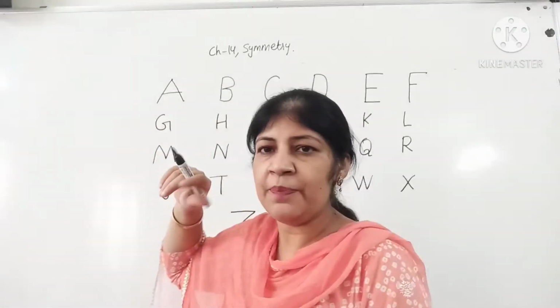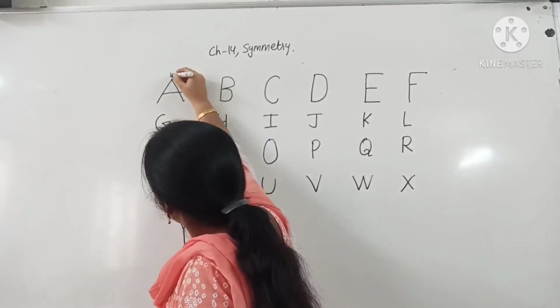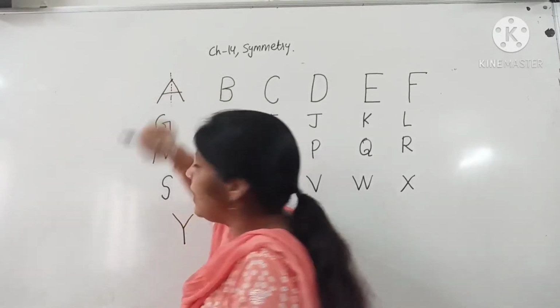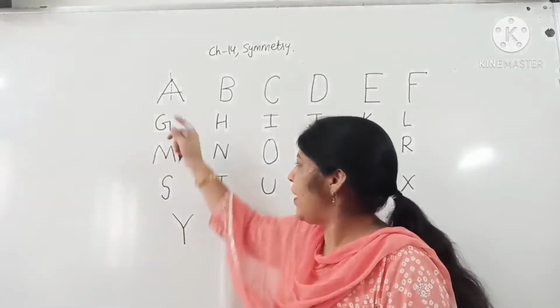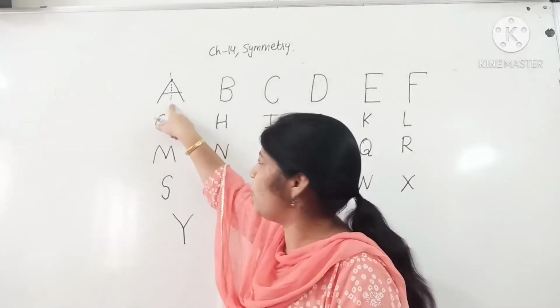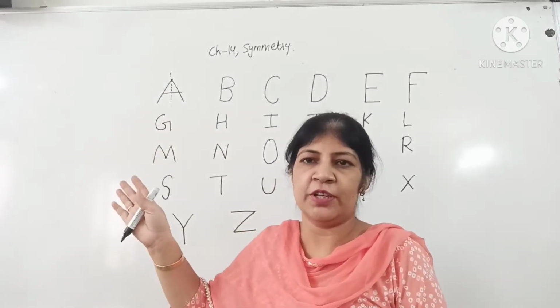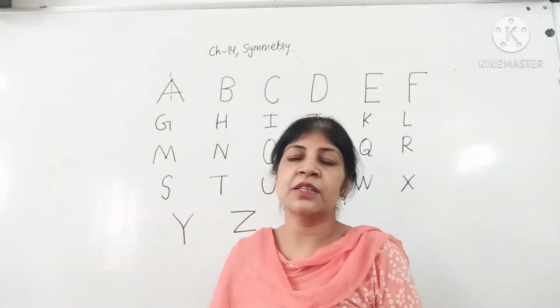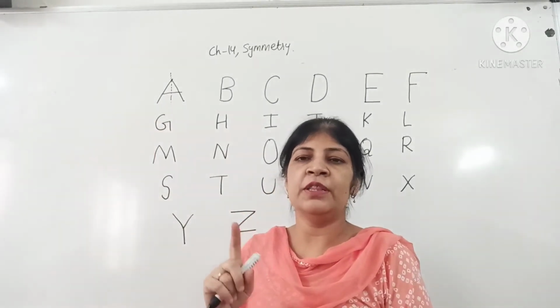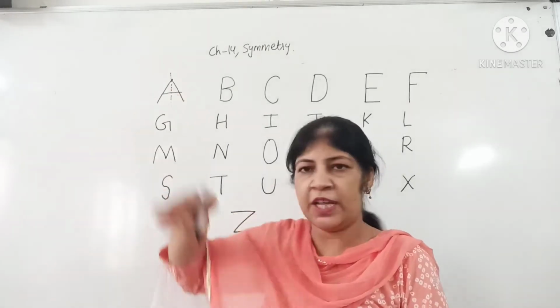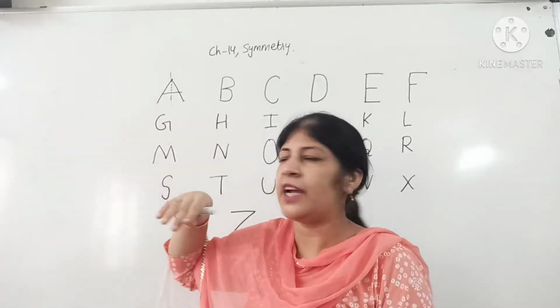First start from A. You know, in A, this will be the line of symmetry. When you fold this alphabet A around this, the left hand side and right hand side will cover each other. So A has one line of symmetry, that is the vertical line, and this is the horizontal line.